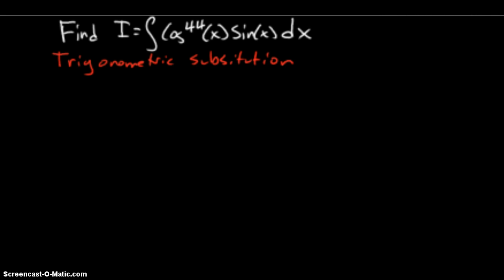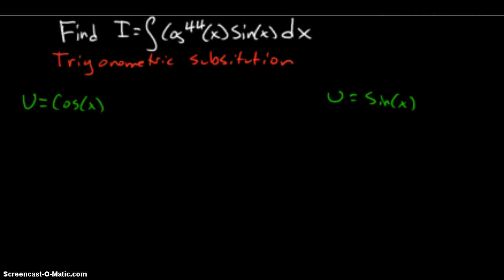So with trigonometric substitution, we require a u substitution. Looking at this problem, it seems like we have two choices, one being u is equal to cosine x, and the other being u is equal to sine x.